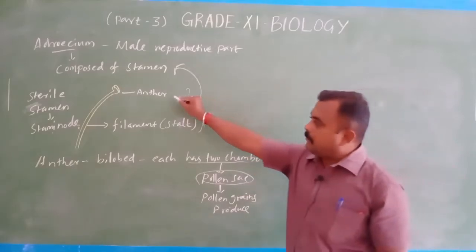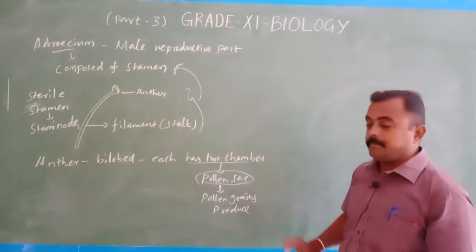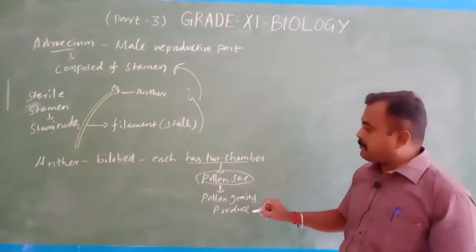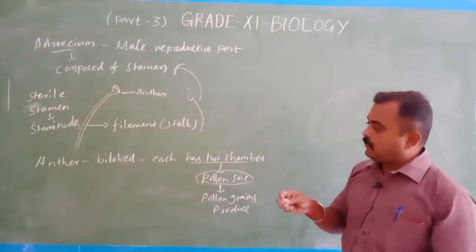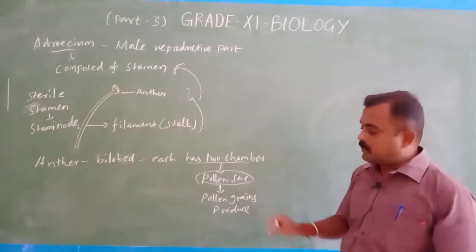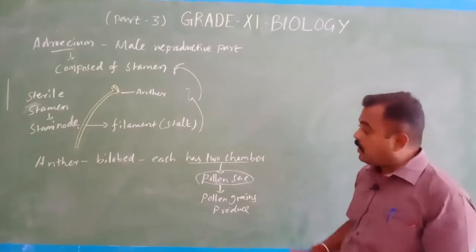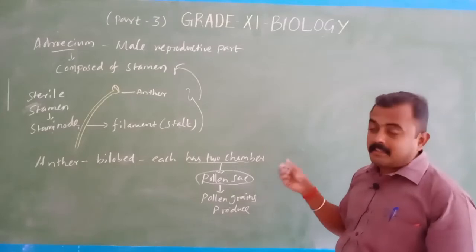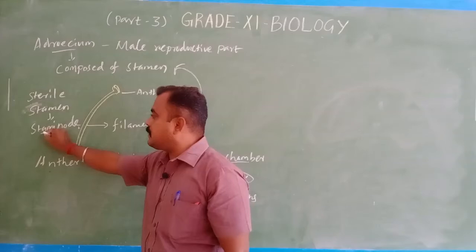In that, the male gametes are present, that is, the pollen grains. Each bilobe with two chambers is called a pollen sac, and from it the pollen grains are produced. Sometimes pollen grains are not produced; that stamen is called a staminode.